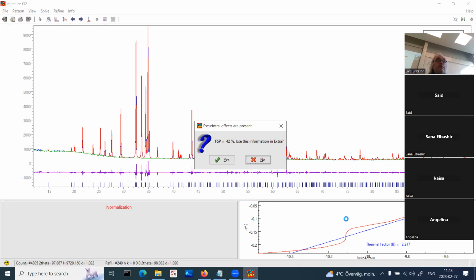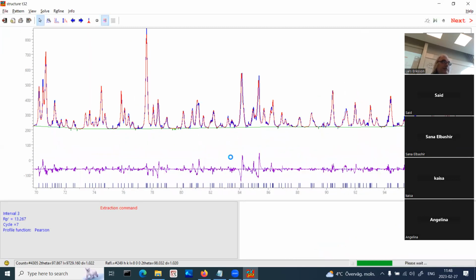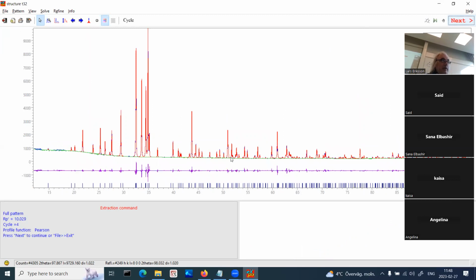This is a Wilson plot, this normalization that we spoke about in the last course. EXPO suggests that there are something called pseudo translation effects. Should we use this information in EXPO? Well, we don't really know what it is, but why not? We try it out. It's quite quick to restart if we go into some chaotic behavior.